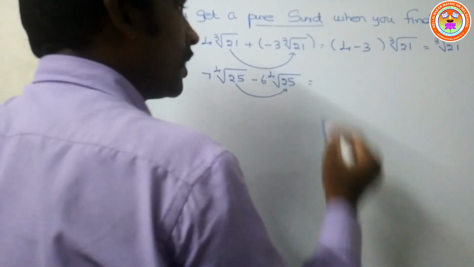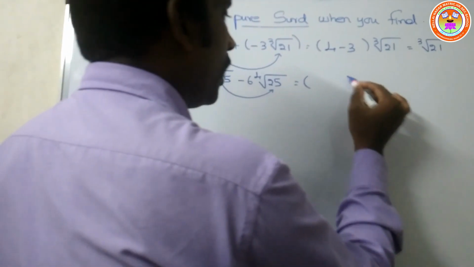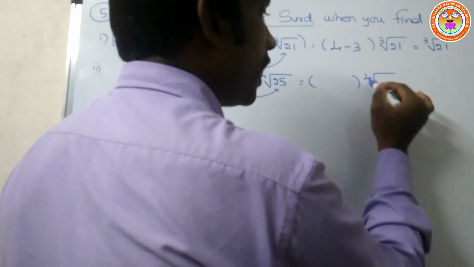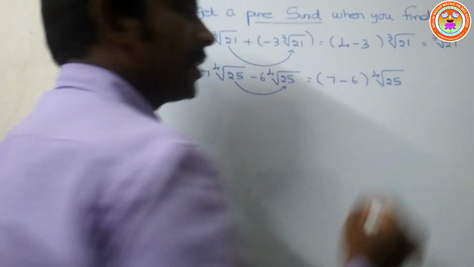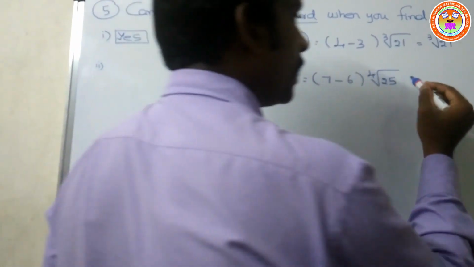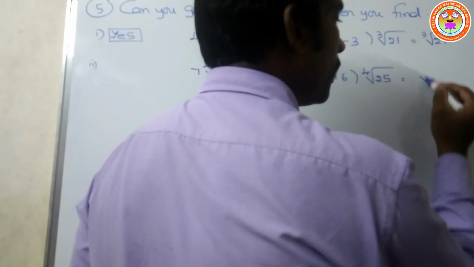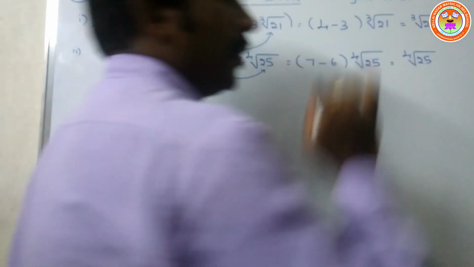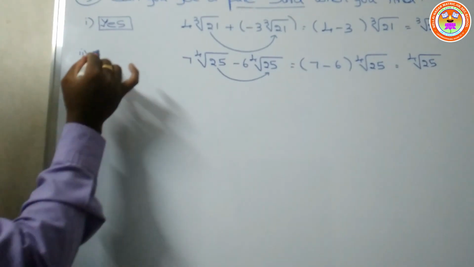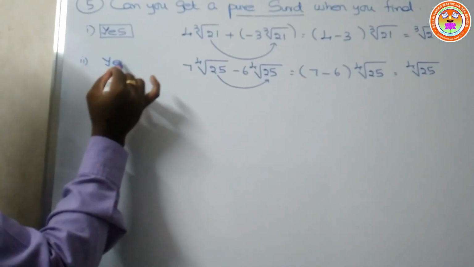Taking 4th root of 25 outside, 7 minus 6 is 1. So 1 into 4th root of 25. The coefficient is 1, so it is a pure surd. Yes.